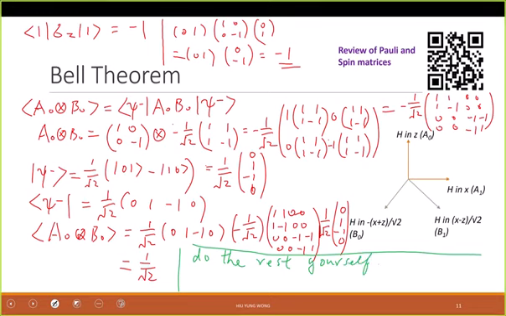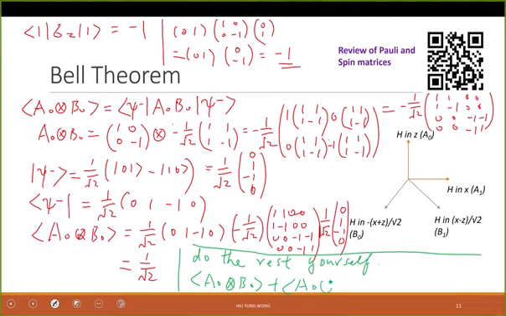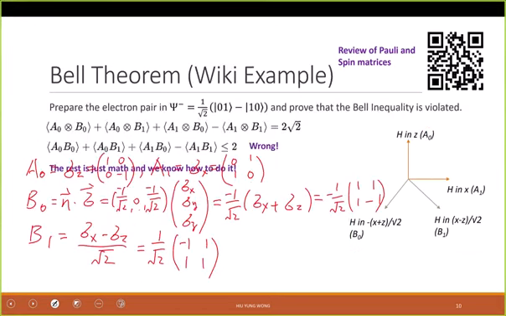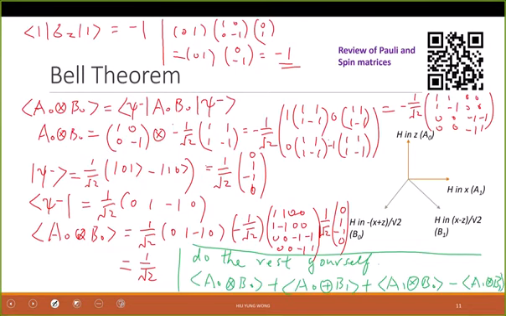And then you will find that A0 tensor product B0 plus A0 tensor product B1 plus A1 tensor product B0 minus A1 tensor product B1 equals 2 square root 2, which is larger than 2.